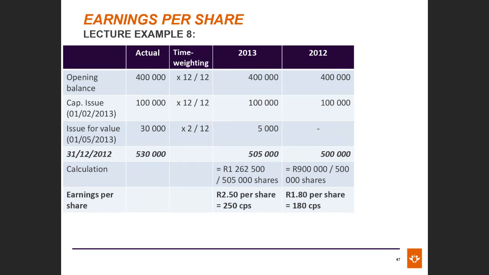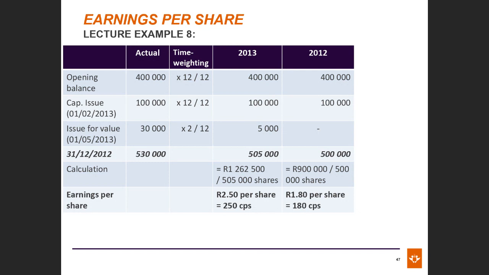They told us here that Class A shares had 400,000 shares, okay? Remember I said that your earnings per share, this is your earnings attributable to your ordinary shareholders. So when we calculate our weighted average number of shares, we are only going to look at our ordinary shares. We don't look at the number of preference shares here. We are simply looking at the number of ordinary shares.